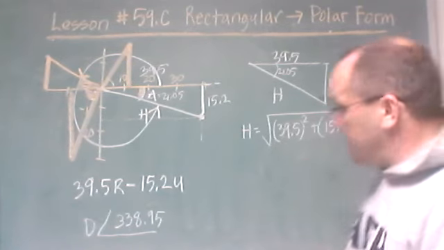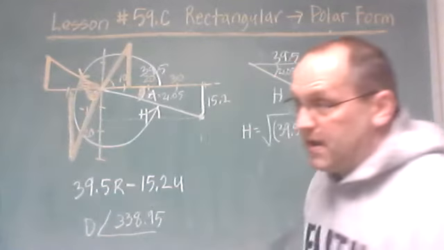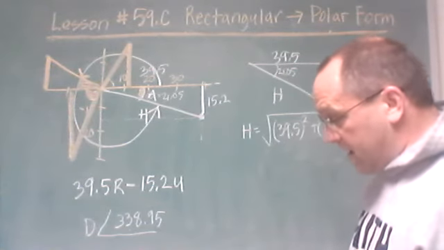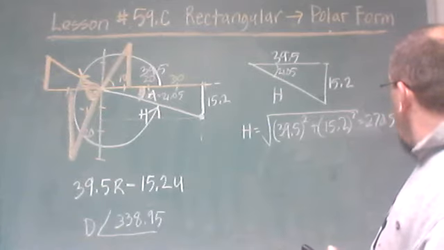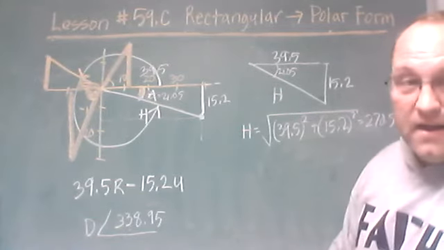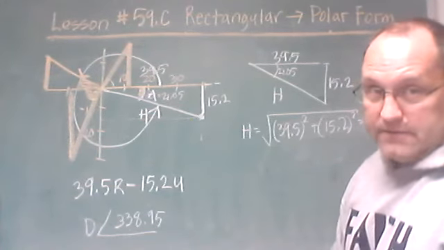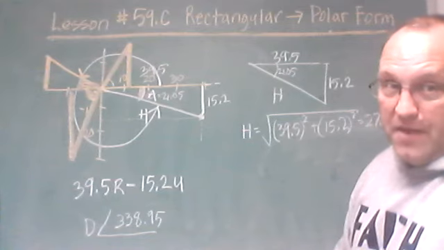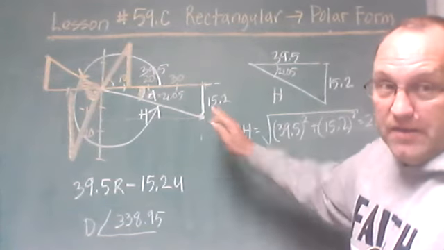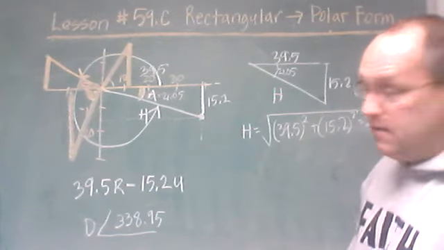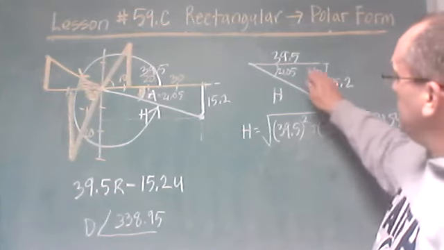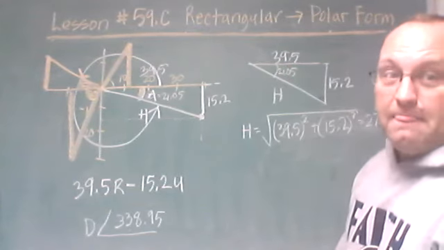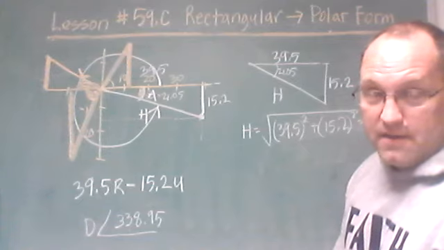I did that on my calculator, and the first time around I got 270.54. And then I looked at that and thought, man, that's really long. We know the hypotenuse should be the longest length in my triangle, but 270, when this side is 15 and this side is 39, seems a little long.